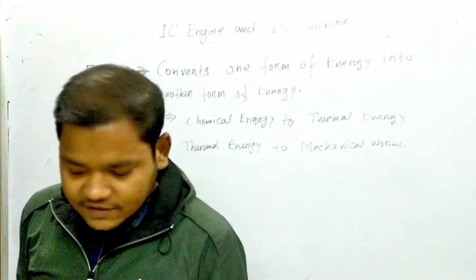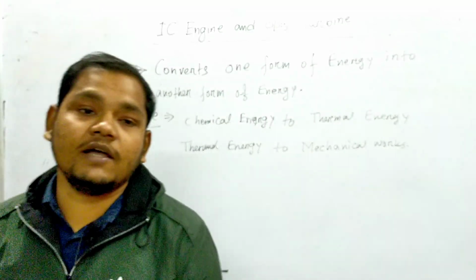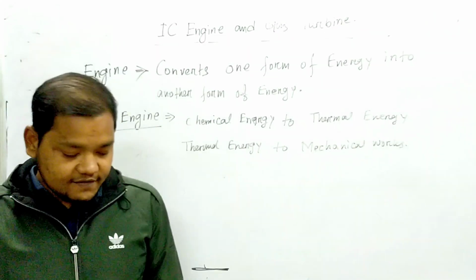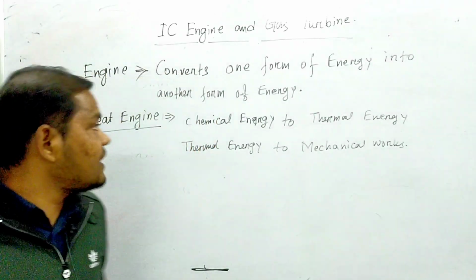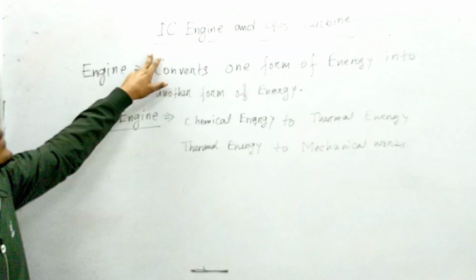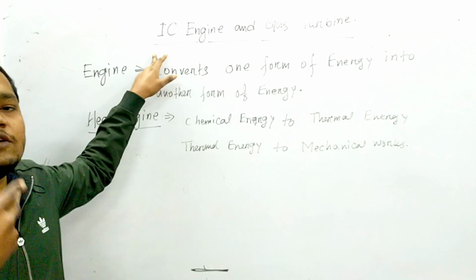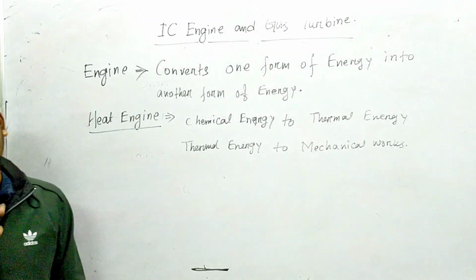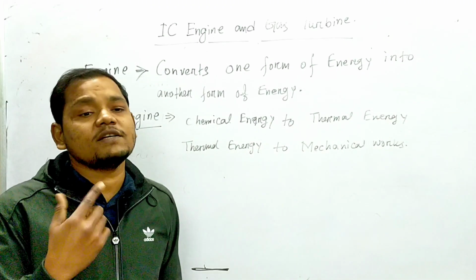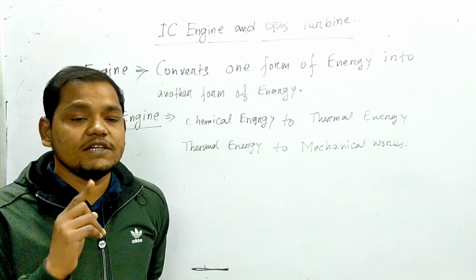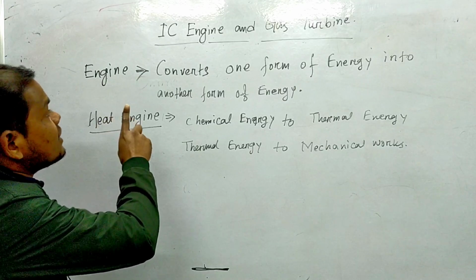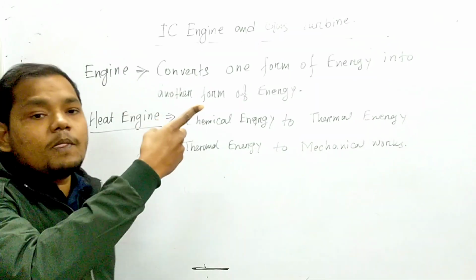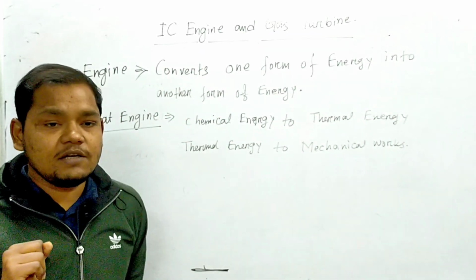There are various types of heat engine. The first is the IC engine, and another one is the EC engine, or externally combustion engine. First, the IC engine is what? Internal combustion engine. Then the external combustion engine.